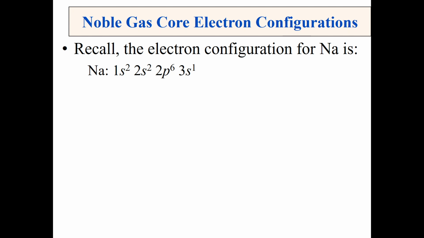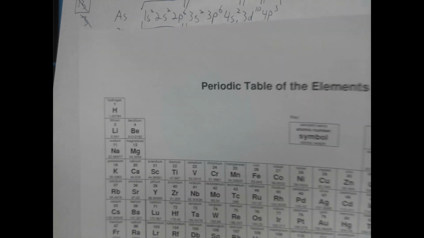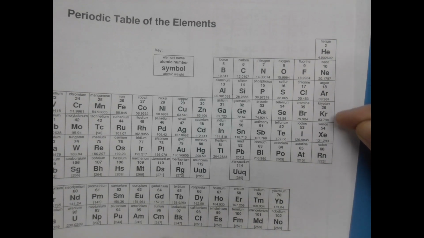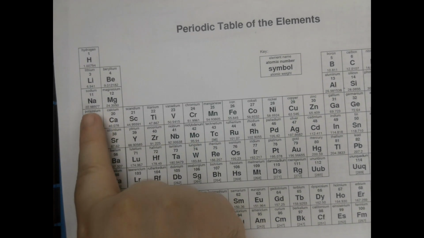What we're going to do is replace the previous noble gas configuration to substitute for the initial terms. If we look at the periodic table, the noble gases are anything in the last column. Helium, neon, argon, krypton, xenon, and radon are all noble gases.